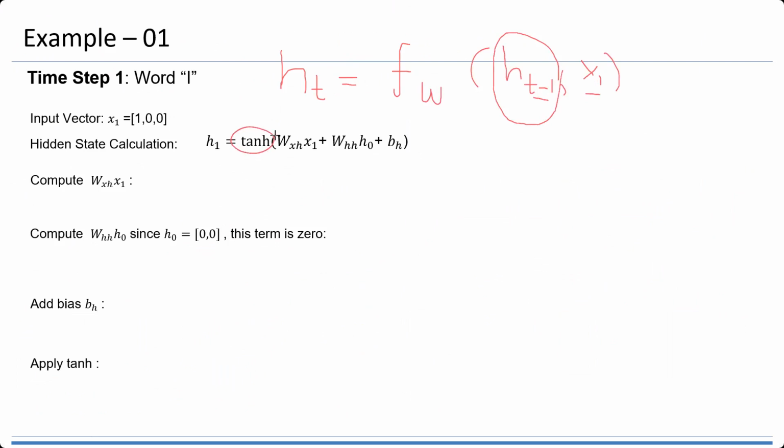In the tangent function, I'm going to put all the information: the weight multiplied by the x1, plus the particular weight for the hidden multiplied by the hidden value on the previous state, plus the bias.